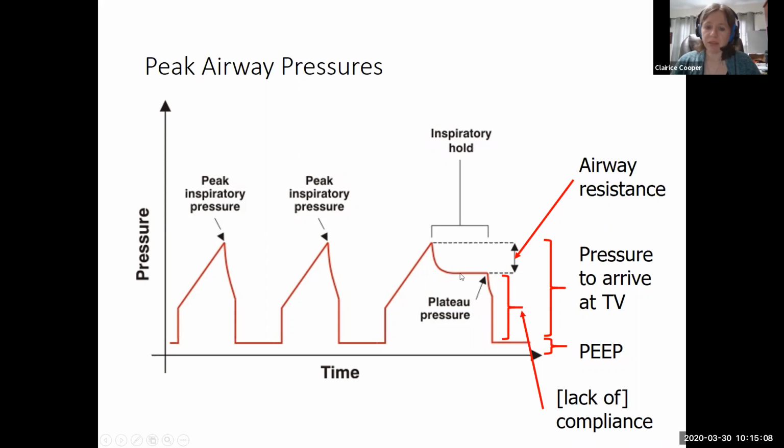The patient's breath is held at that maximal tidal volume. And what happens is that you see the increase in pressure to get up to that tidal volume, but then once that tidal volume is in, the pressure drops a bit to what's called the plateau pressure. And now, because there's no more movement of air into the lung, the pressure at the plateau is reflective just of the lungs themselves, not of the upper airways.